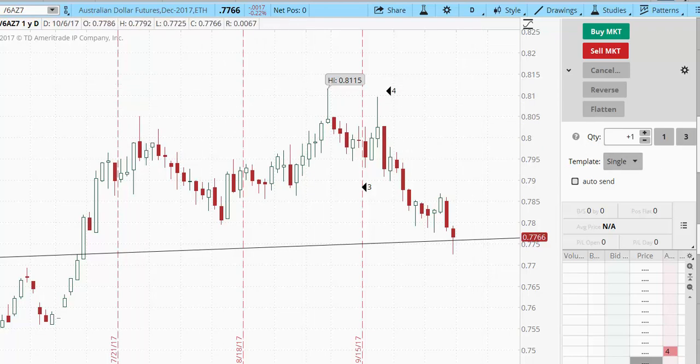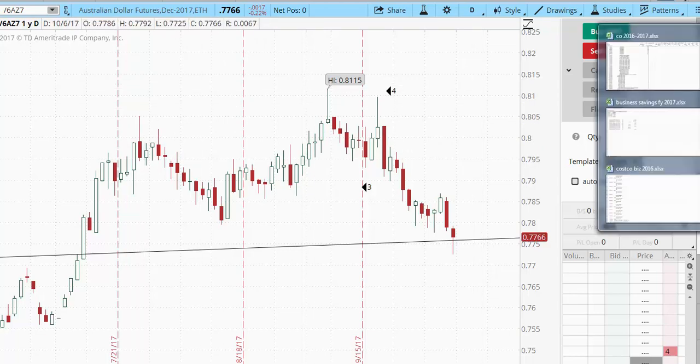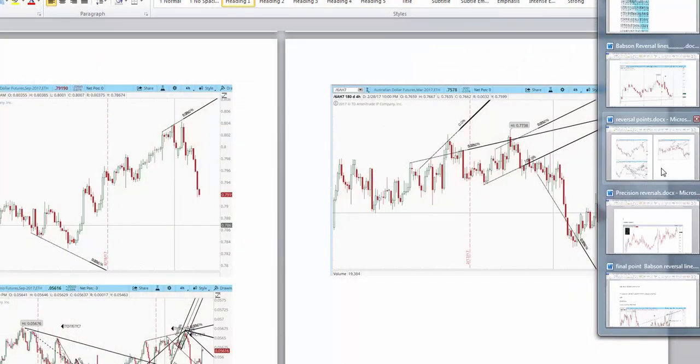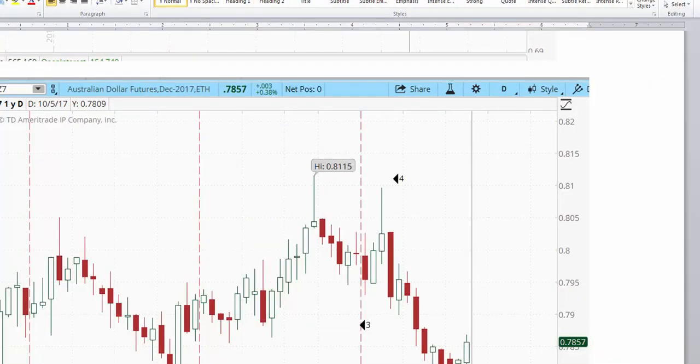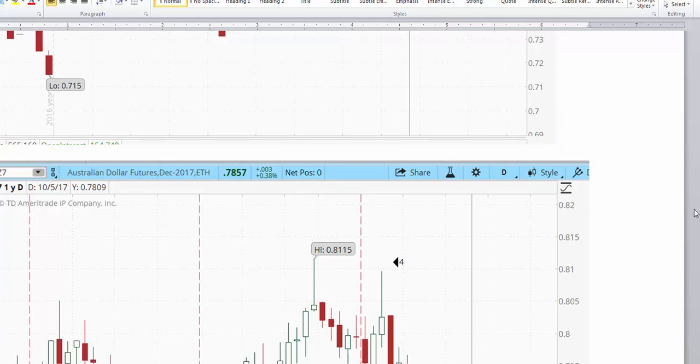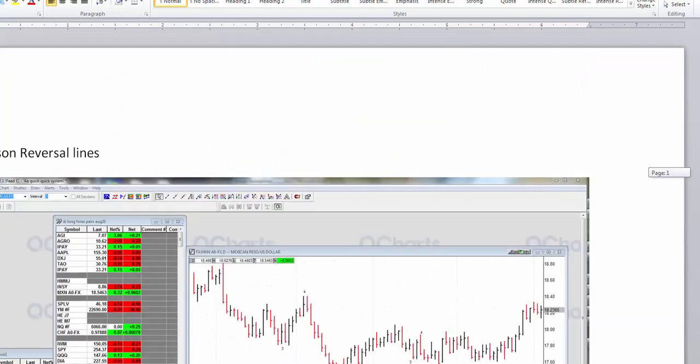Okay, so let's look at some more patterns. Let's see. There we go. Can I change the dimensions on this?